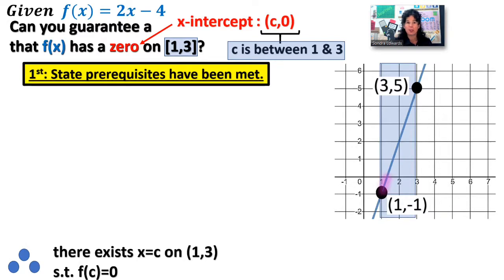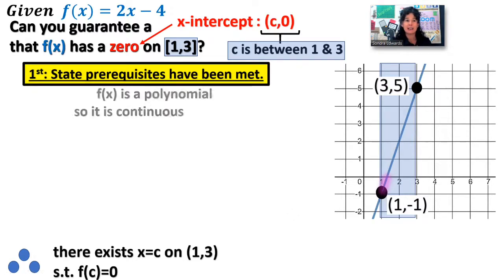So if we're going to apply this theorem, the very first thing you want to do is state that the prerequisites have been met. The prerequisite for using the intermediate value theorem is that you are dealing with a continuous function on a closed interval. So on the AP exam, if this is a free response question, you must state that the prerequisite has been met. Nowhere in the given information did it say that our function is continuous.